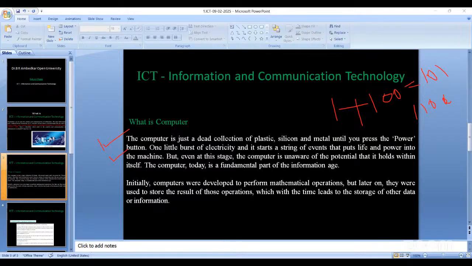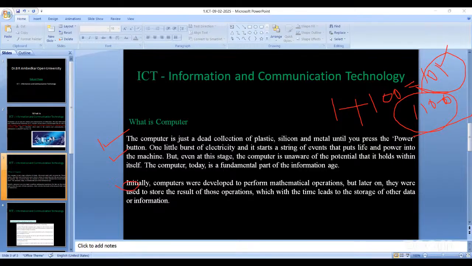If they say 101, it is correct, but if they say 1100, it is wrong. So the computer is giving the output accurately, without making mistakes. That is called accuracy.